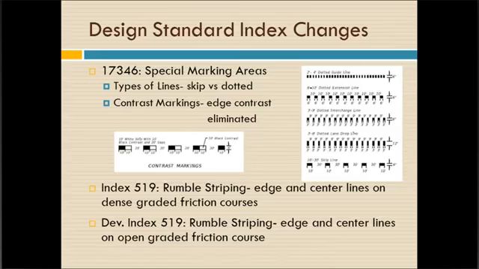So index 519 is put out there because we know exactly what's going to happen for dense graded friction course when we set the stop. What we did find is, when we've done some rumble striping on projects just to get a feel for what we need to do in the spec, that when we started rumble striping on open graded friction course, there's a drastic difference between grinding dense graded and grinding open graded friction course.